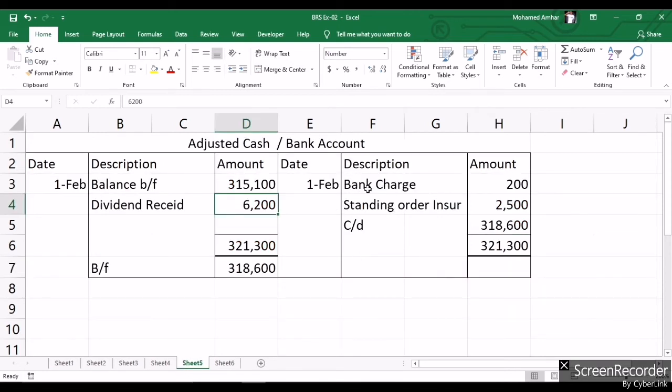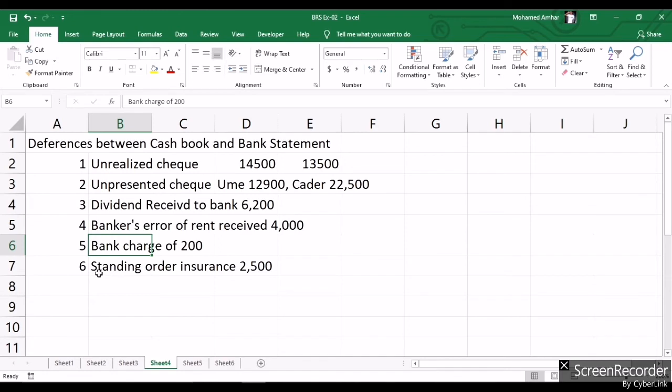So the bank charge should be deducted from the cash balance by crediting 200. The business has to adjust it in the adjusted cash book, right?